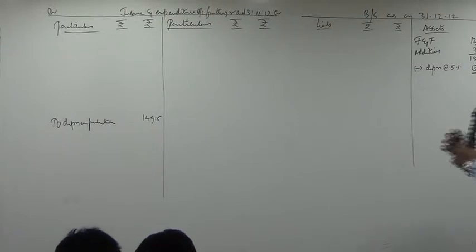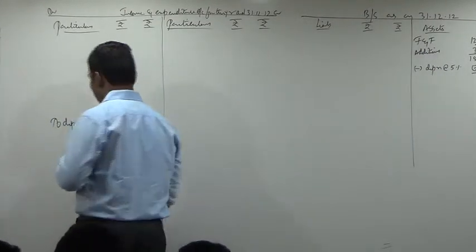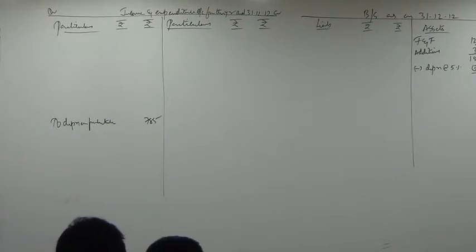Sorry, sir. I wrote off the WDV. It happens sometimes. Library books. Opening balance 17,500. Additions during the year 4,300. There is no other information given to library books in the problem. Depreciation.